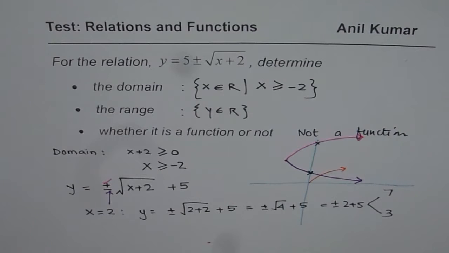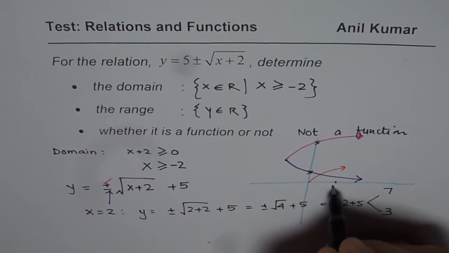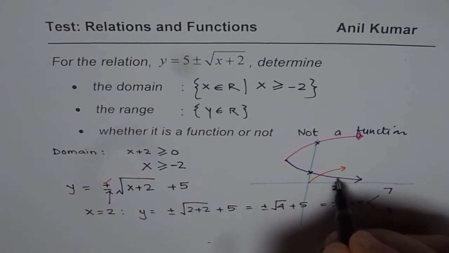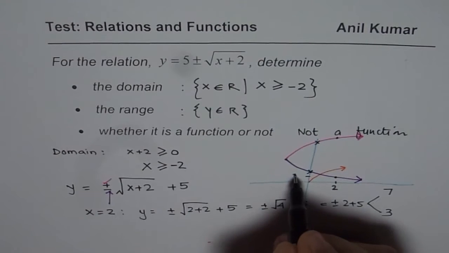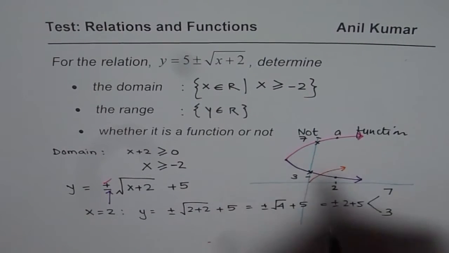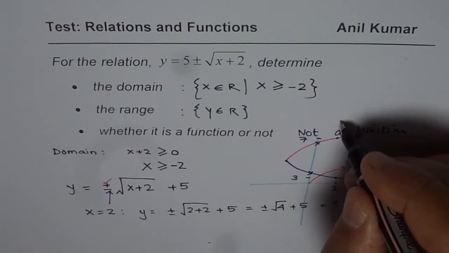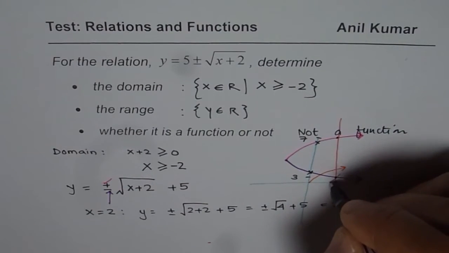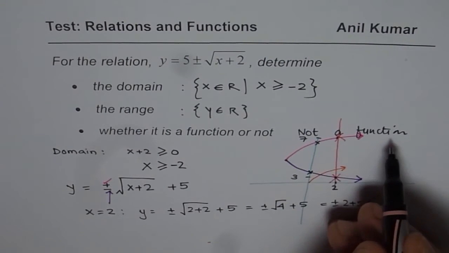You get the idea, right? So at 2, for example, we are getting two values, this one and this one. Do you get the point? So this one is at 3 and the other one is at 7. So it fails the vertical line test, or the x value is associated with two values. These are the two values. So it is not a function.